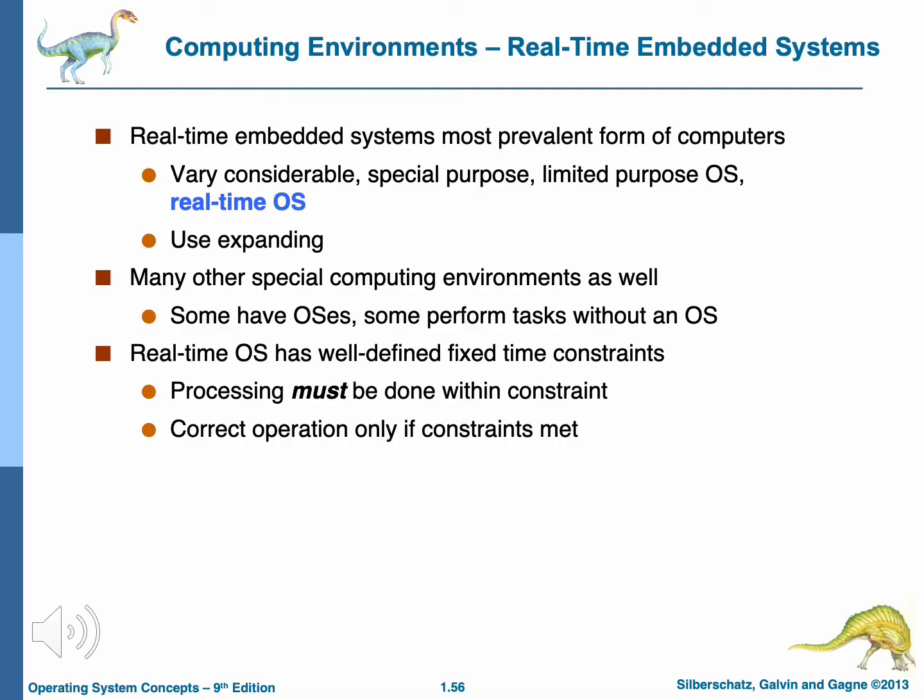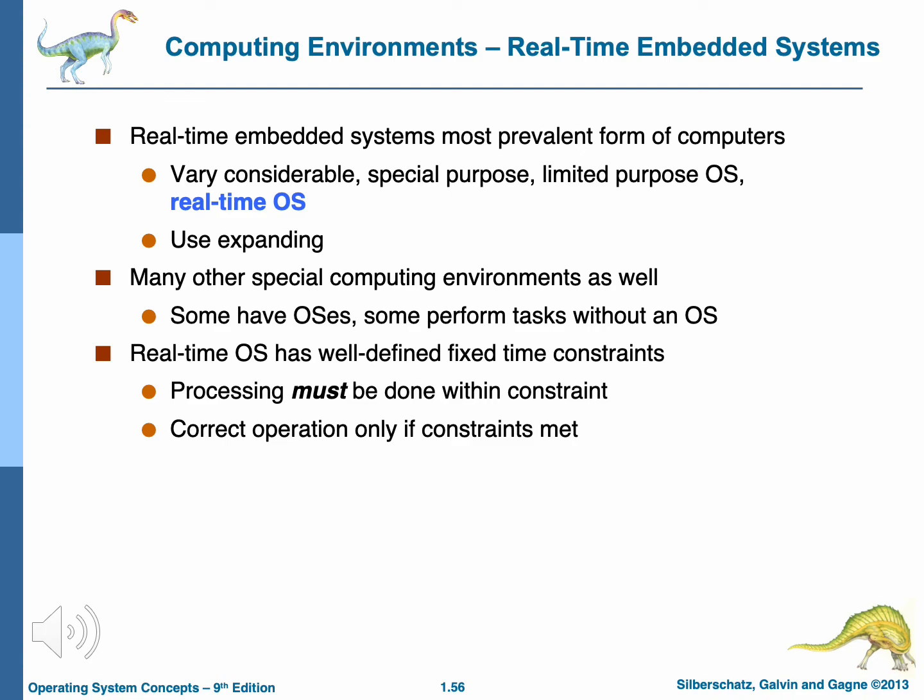Embedded systems almost always run real-time operating systems. A real-time system is used when rigid time requirements have been placed on the operation of a processor or the flow of data. Thus, it is often used as a control device in a dedicated application. Sensors bring data to the computer.